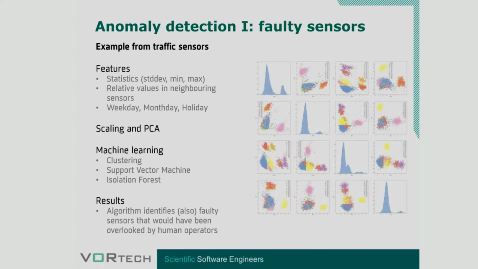So in the end, we had an algorithm and we ran it over a very large data set. And then we came up with a couple of hundred suspicious sensors in this data set. And we put it before the experts. And then, of course, there were quite a lot of sensors for which they said, yeah, well, I would have seen that if you would have asked me. But there were also quite a lot of sensors where the experts said, well, I don't see what's wrong with it.